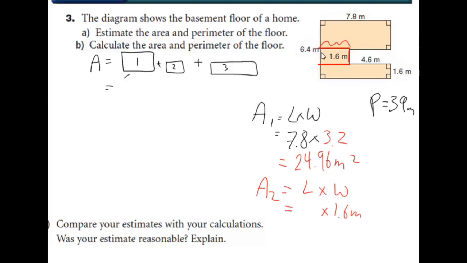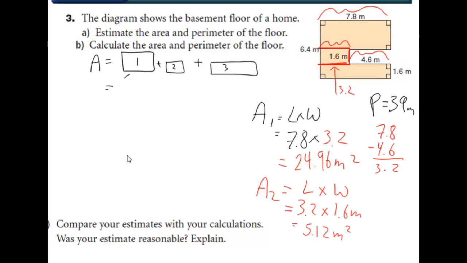How do I find this part here? Well, I've got 7.8 over here, the whole side, and I've got 4.6 here. If I take 4.6 away from 7.8, I get this little piece here. So 7.8 minus 4.6 will be 3.2. So this little piece here is 3.2. So 3.2 times 1.6 is going to be my area, which is 5.12 meters squared.